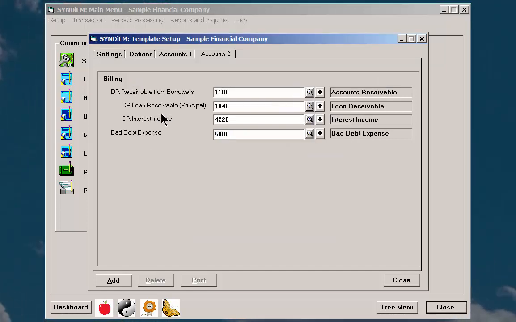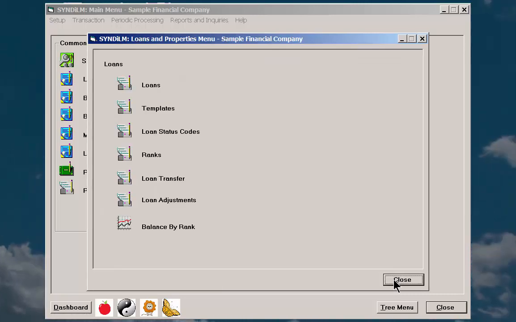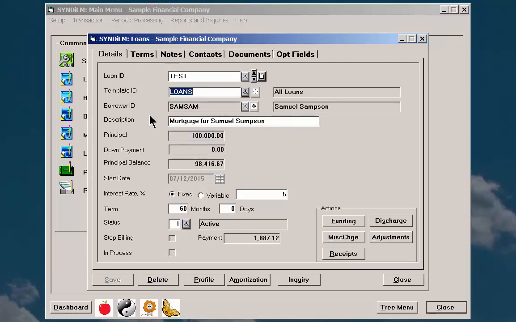Okay, so we have set up a new template. Just simply say add. The template has been set up. Now what are the ramifications of that? The ramification is that if you come out, and let's go to the loan, and let us take a look at test. This was the loan that we have set up initially. Now what we are going to do, we will change the template.